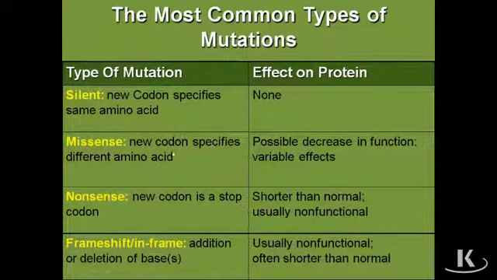A different amino acid. Now, the effects, it might be a decrease in function depending on the particular amino acid that gets put in. If it's an amino acid that's completely different than the one that was there initially, it's probably going to decrease the function. Might increase the function. Sometimes that happens, and that's how evolution occurs.